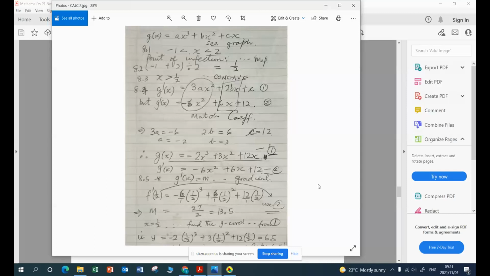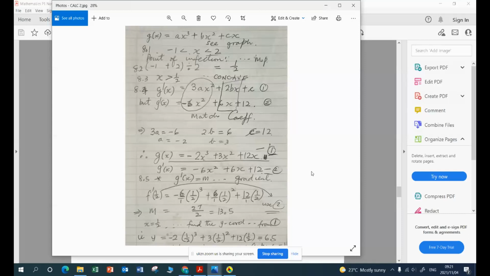So given x is half, the y coordinate is minus 2 times half times half times half plus 3 times half plus 12 times half. And you simplify that, you get 6.5. So at the point half and 6.5, you draw a tangent.